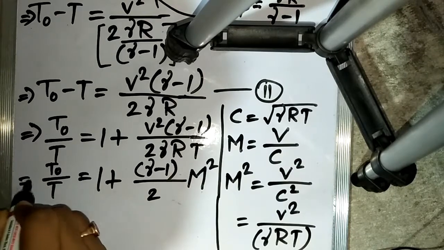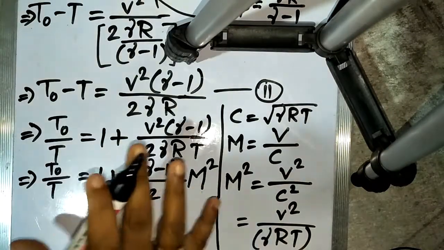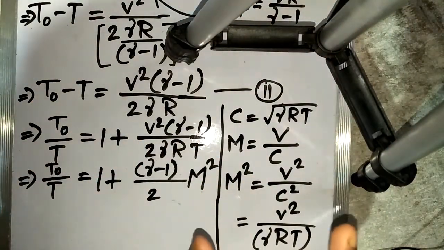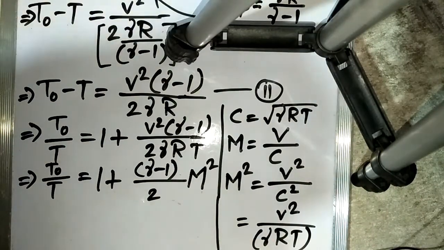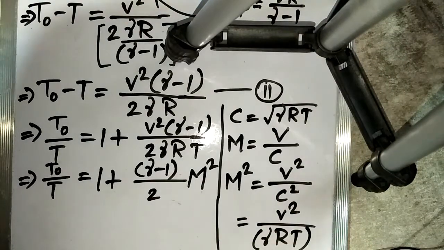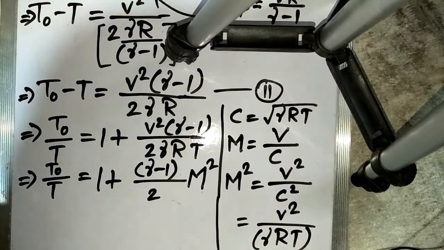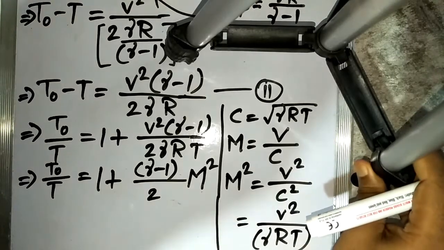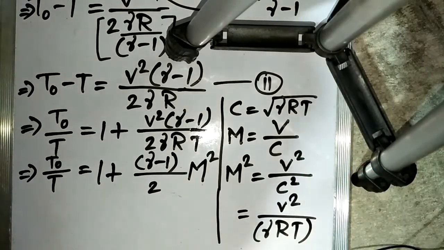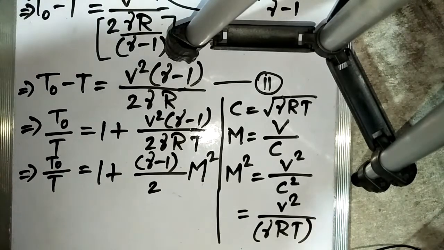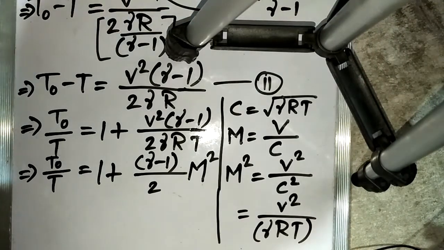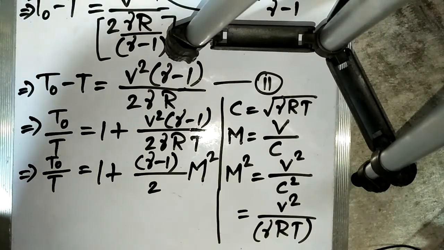This is the value of T0 by T. T0 is the stagnation temperature and T is the static temperature, that is, the temperature at the point where we are going to study this.